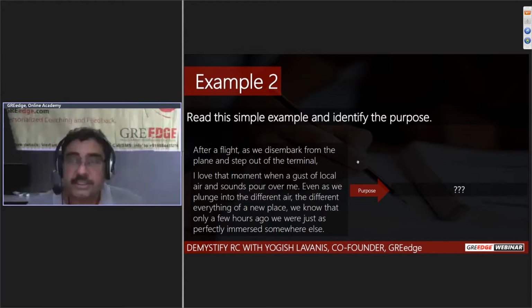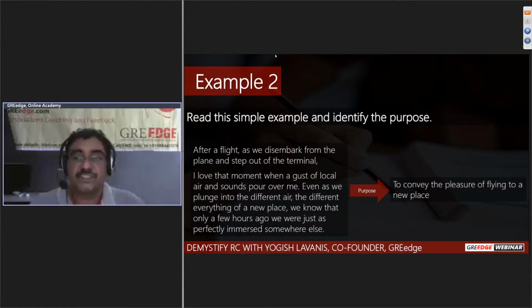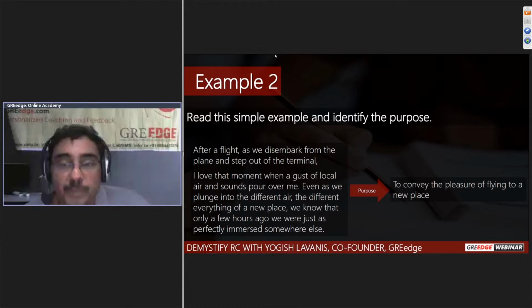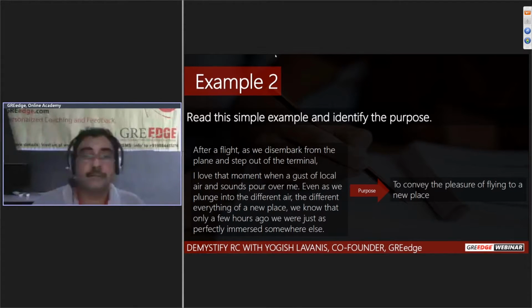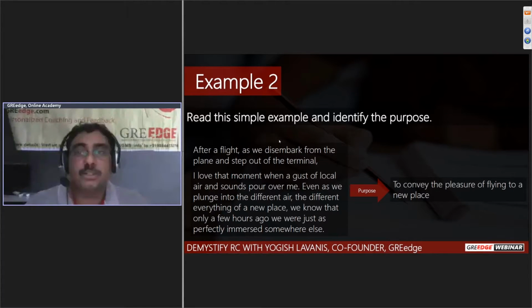Okay, let's see. Right, to convey the pleasure of flying or going to a new place. Right, the experience, the feeling of it. It's just said in a different way. But a lot of you got it right, that it was about experience and feeling, and that is what she was trying to convey. Then, as usual, once you get it right in your mind, then in the choices you just have to look for a phrase which matches what you have in mind.